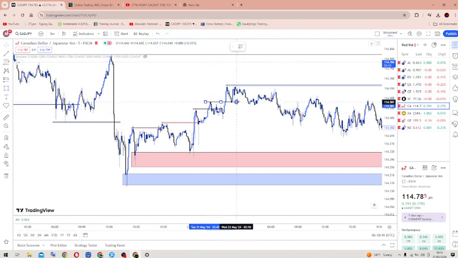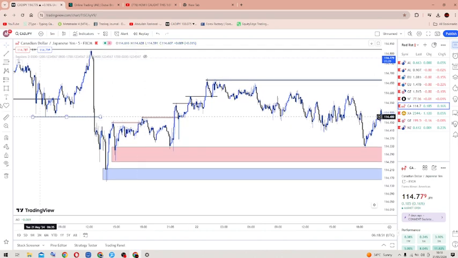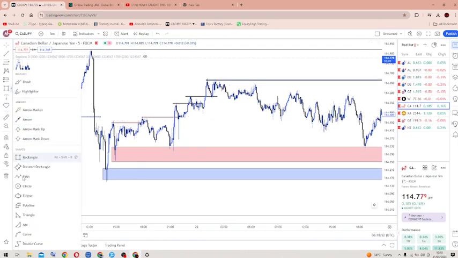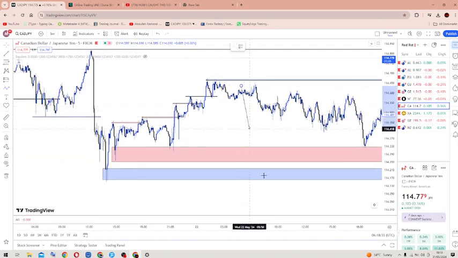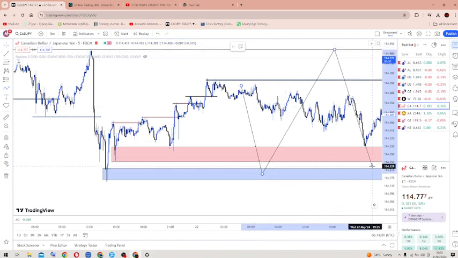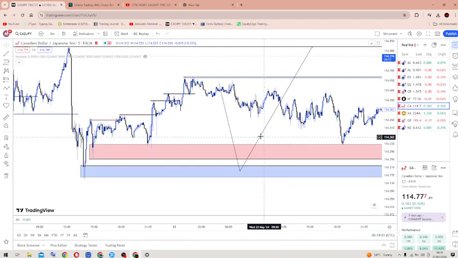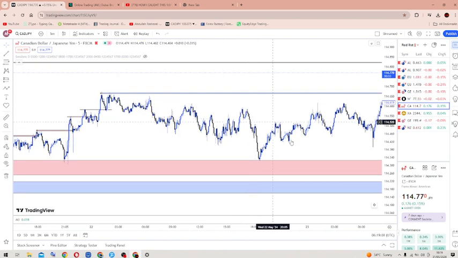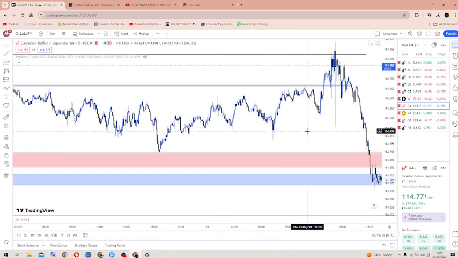So obviously you see that if price had come into this zone just like this, I would have taken a buy to bring it up into this zone and then a sell again, right? But price didn't come into this zone at that time.